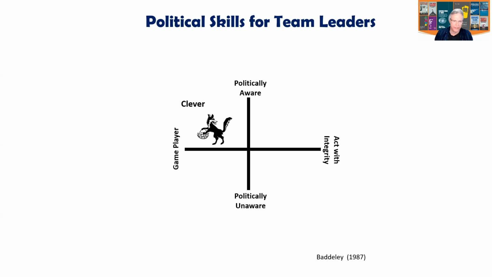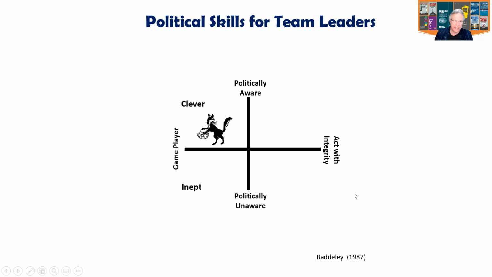And we also probably know to steer clear of them. So they are clever, they are politically aware, they are game players as well. But the problem is everybody knows ultimately that they're a fox. And of course, they've got to be hugely aware of that. So we don't want you to be there.